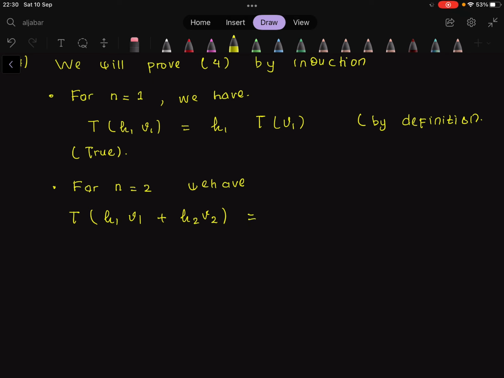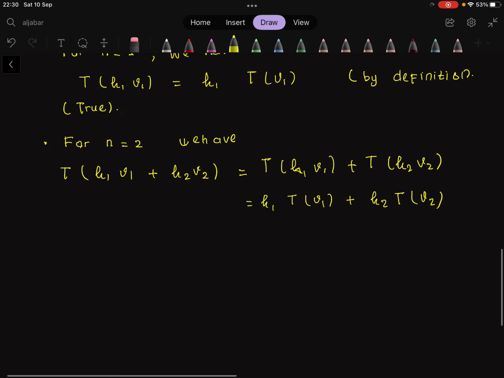By definition 1, we have T(k1 v1) plus T(k2 v2), and then by definition also we have k1 T(v1) plus k2 T(v2), and this is also true.